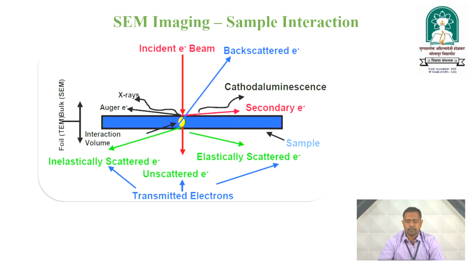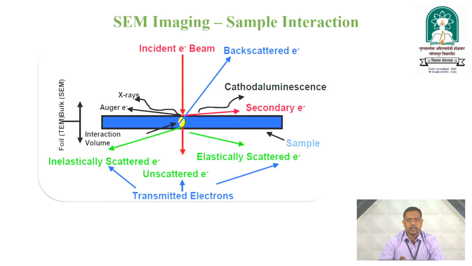using that spectroscopy. Thereafter, below the sample, we have the unscattered electron and the scattered electron, and the scattered electron is further divided into two: elastically scattered and inelastically scattered. The unscattered electrons transmit directly without any deviation and without any energy loss as well.